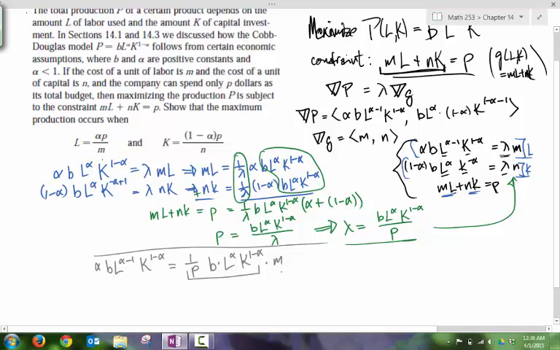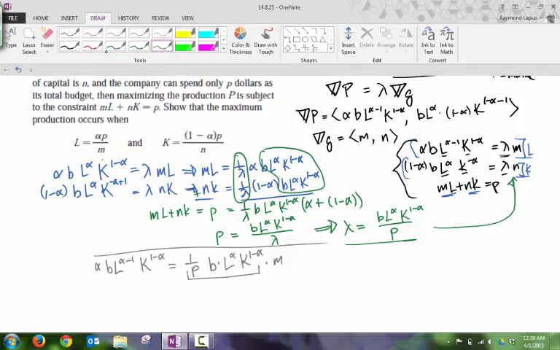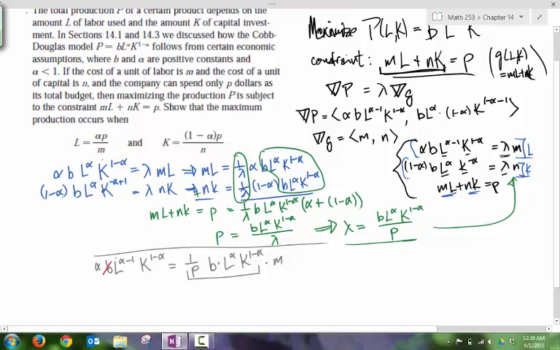Now, if we look at this carefully, we are interested in solving for L or K, and then we see something nice happening here. The b's will cancel. The k with the same power goes away, and then what do we have left? We have L and L. Now it looks like if I divide by alpha minus 1 both sides, I'm just going to get L. And so I want to bring this to this side, so I'll have L on the right hand side.